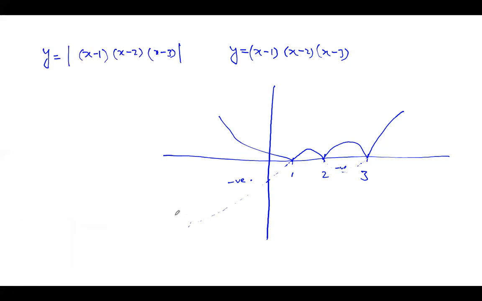Now the second case: we have to draw the graph of y is equal to f of mod x. First we draw the graph of y is equal to f(x), and in place of x there is mod x.